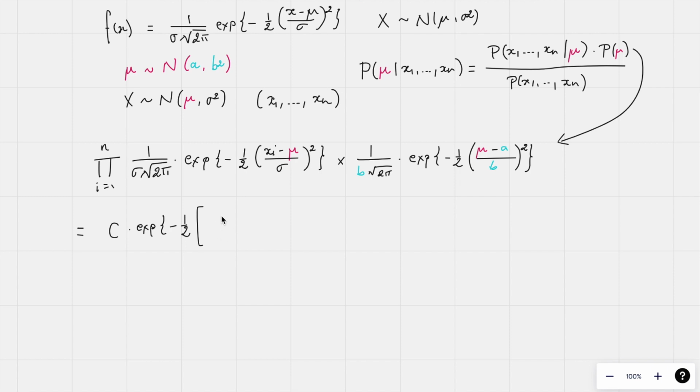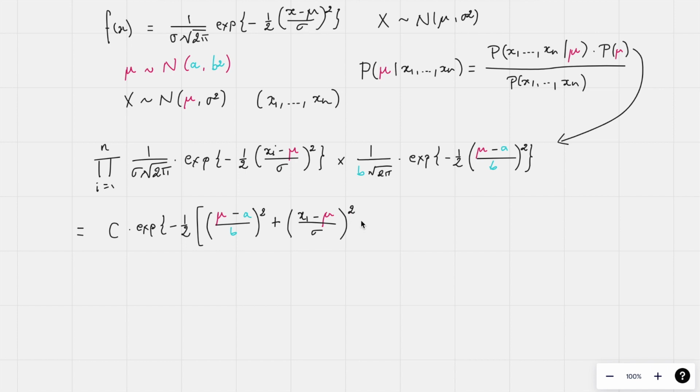So the very first term is the one that we had here on the right, and that is mu minus a, divided by b, everything squared. So that's the first term here. And the other terms are of this form: x1 minus mu divided by sigma, everything squared.